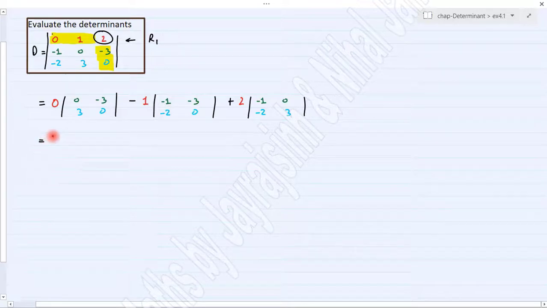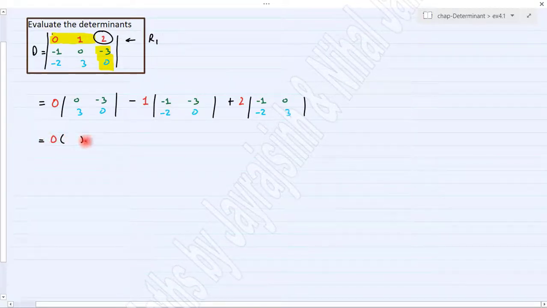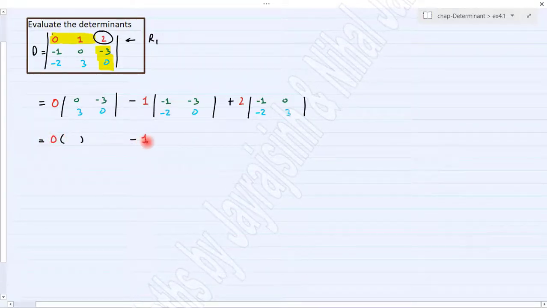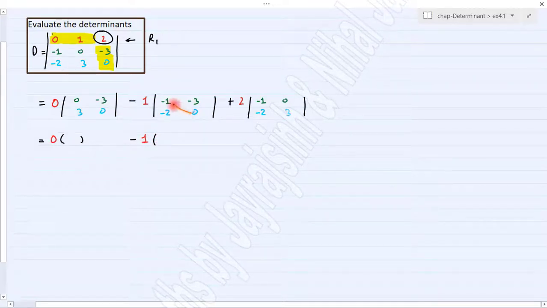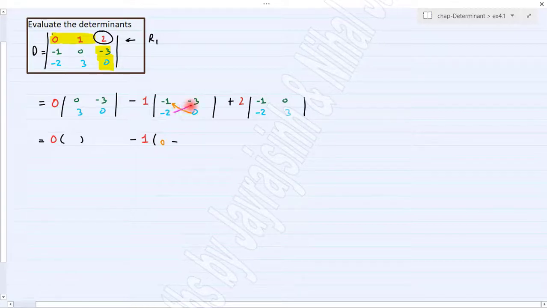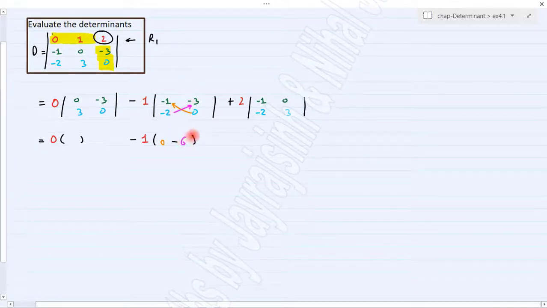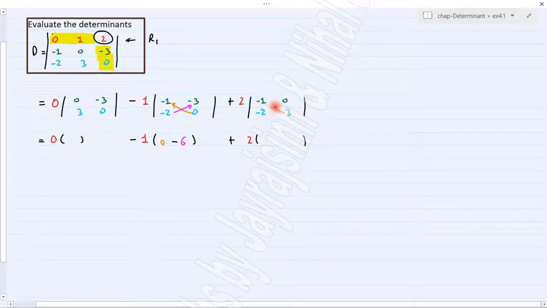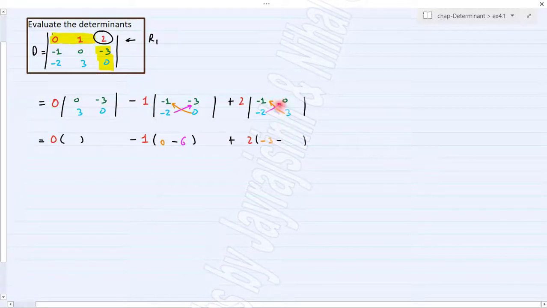Now let's cross multiply. 0 into anything will be 0, minus 1 into 0 minus 1 will be 0, minus 2 into minus 3 will be 6, plus 2 into 3 minus 1 are minus 3, minus 2 into 0 will be 0.